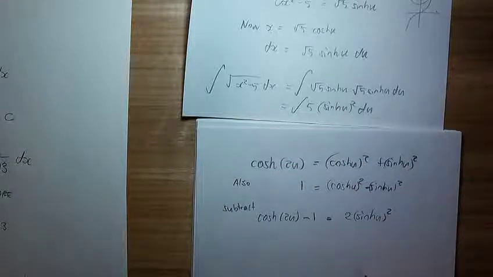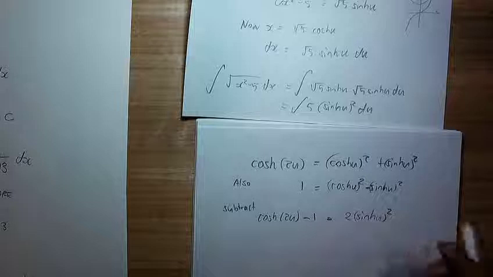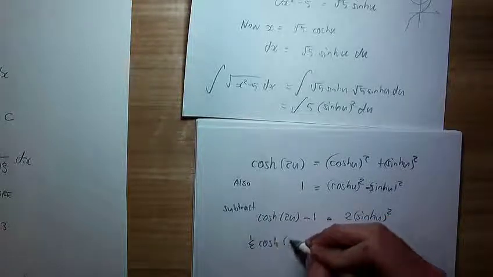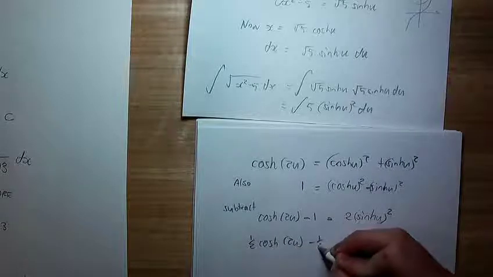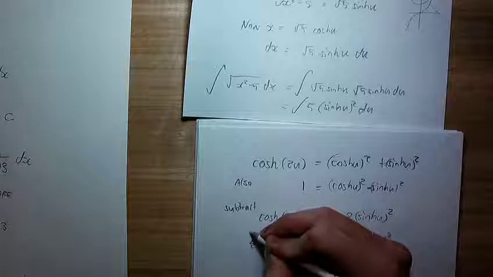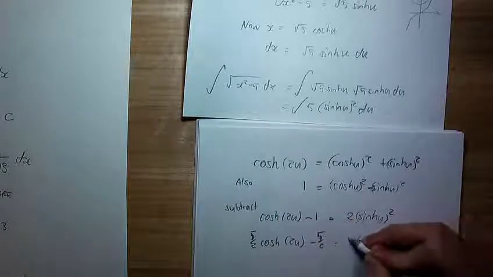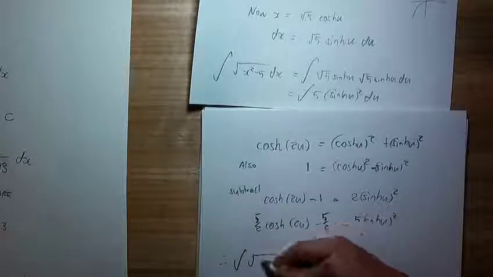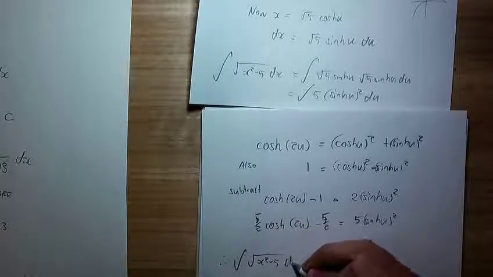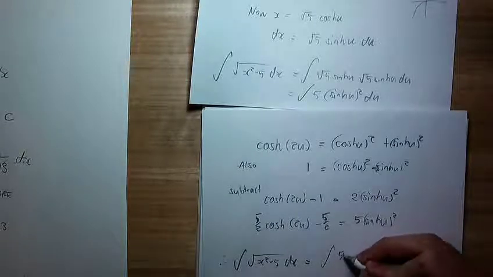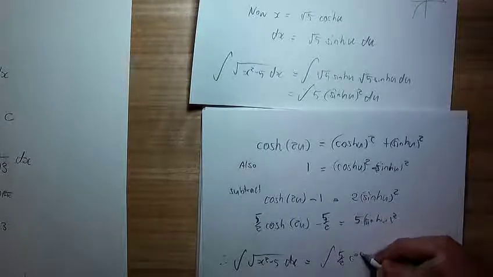And so I need a 5 here, so I'll divide everything by 2. And times everything by 5. Brilliant. It's now become this.